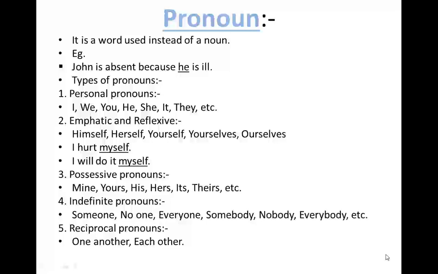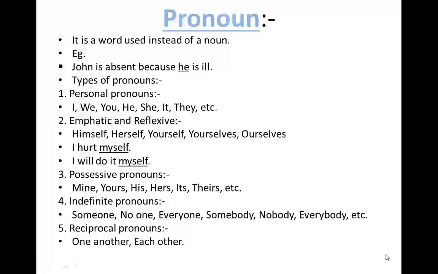Over here, if I omit the word myself, then the action passes to whom? I heard. I heard whom? Anyone else or my own self? So I heard myself is used as a reflexive. I will do it myself. I have emphasized over here that I will do this work myself.